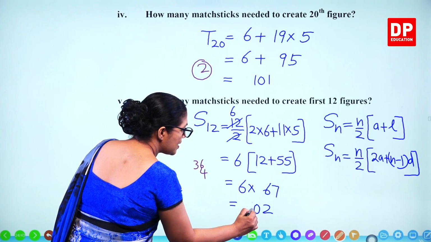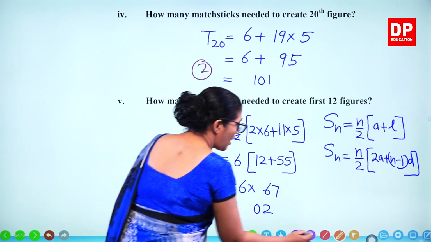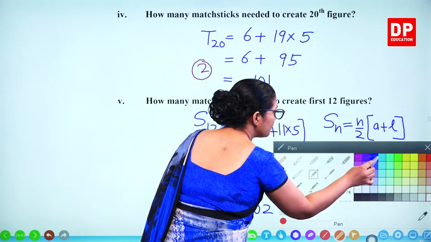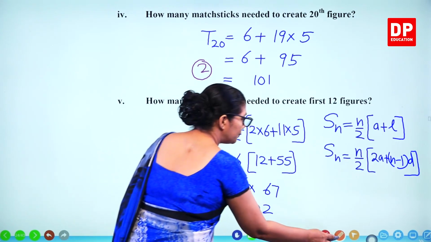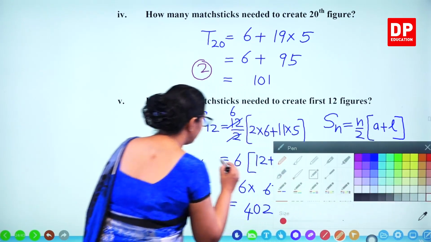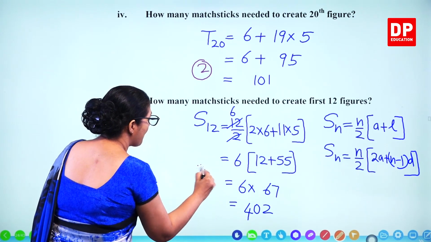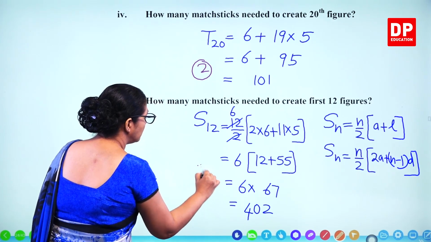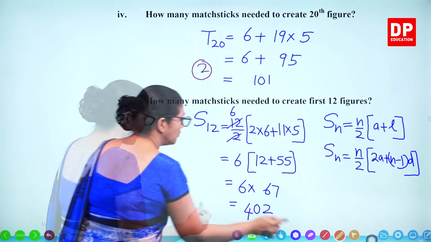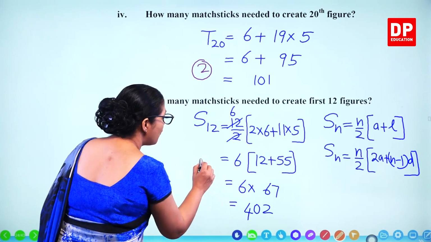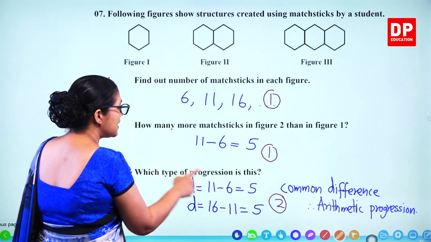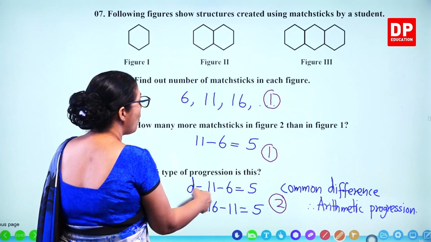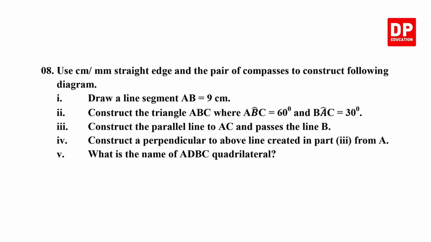So I'll erase this and put 4. Answer is 402. So you get 4 marks for that. So 4 plus 2, 6. 6 plus 4, 10 marks.